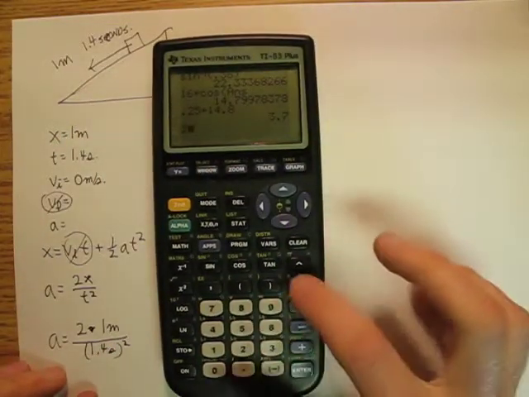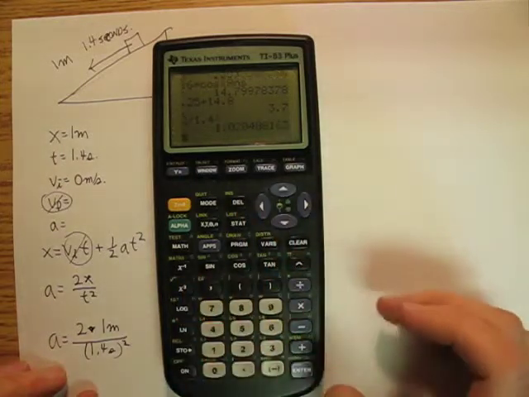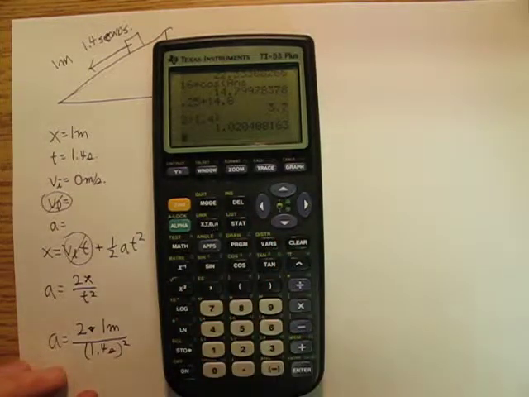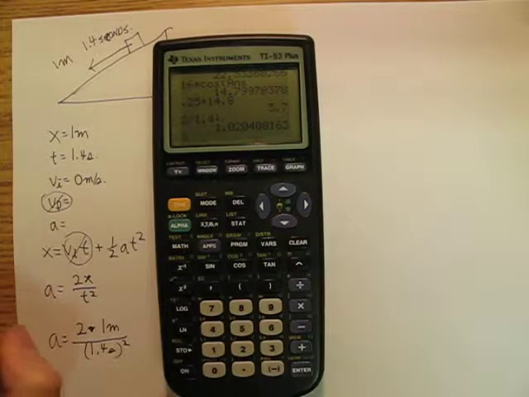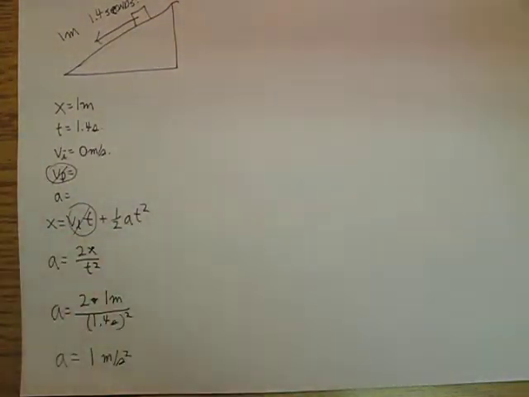So 2 divided by 1.4 squared is going to be 1 meter per second squared. That's my acceleration.